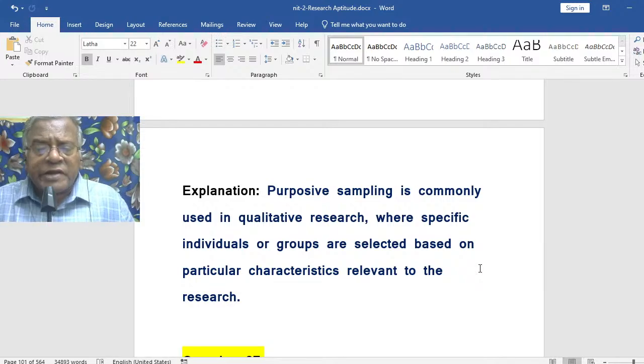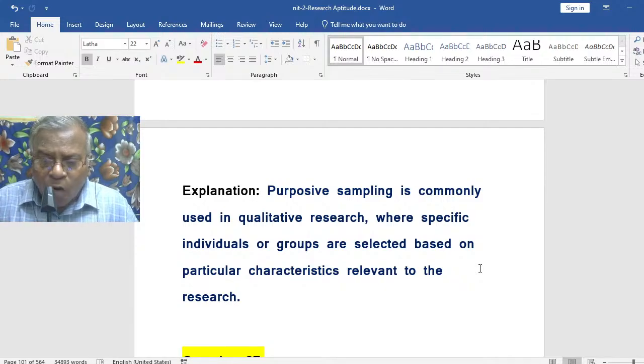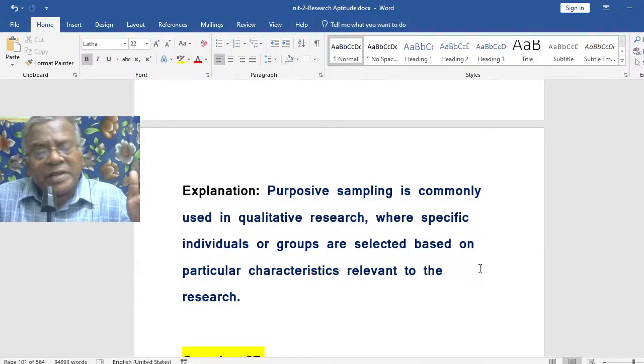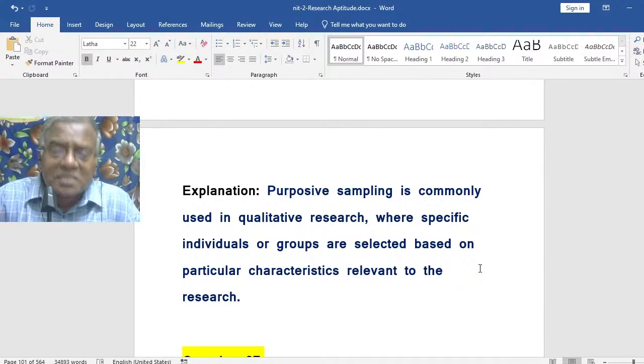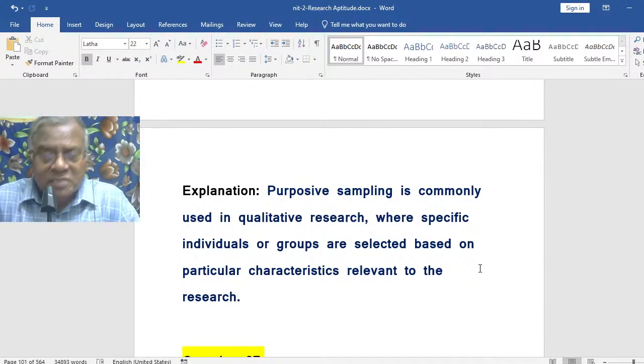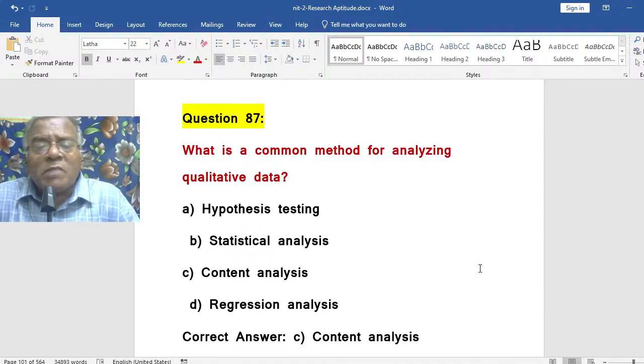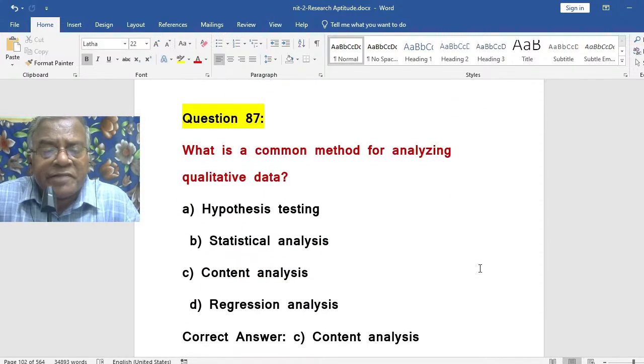There specific individuals or groups are selected based on particular characteristics, qualities relevant to the research. Samples cannot be anything. According to the characteristics relevant to the research, the researcher has to choose the samples. That is purposive sampling.